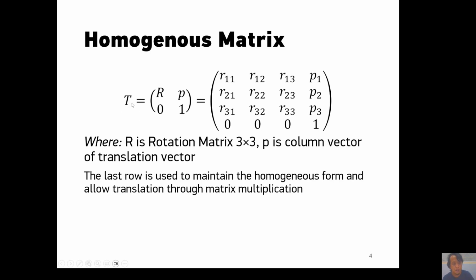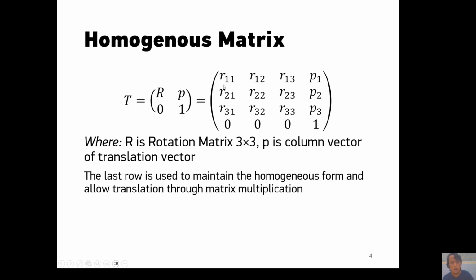T equals a matrix whose first row is R, capital R, and P, and whose lower row is 0 and 1. R represents the 3 by 3 rotation matrix.